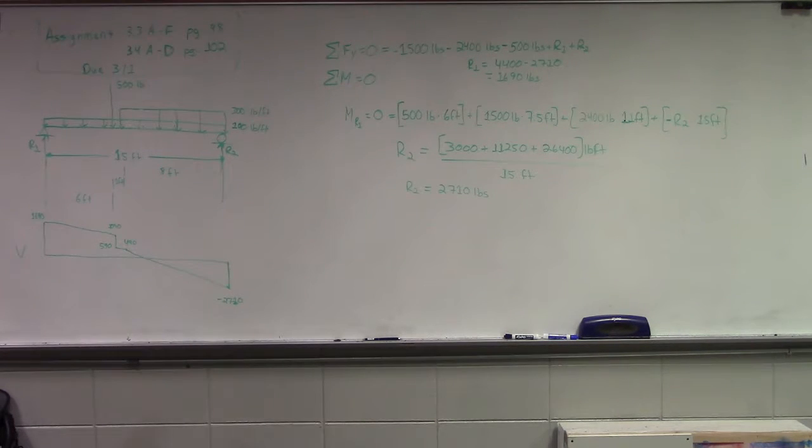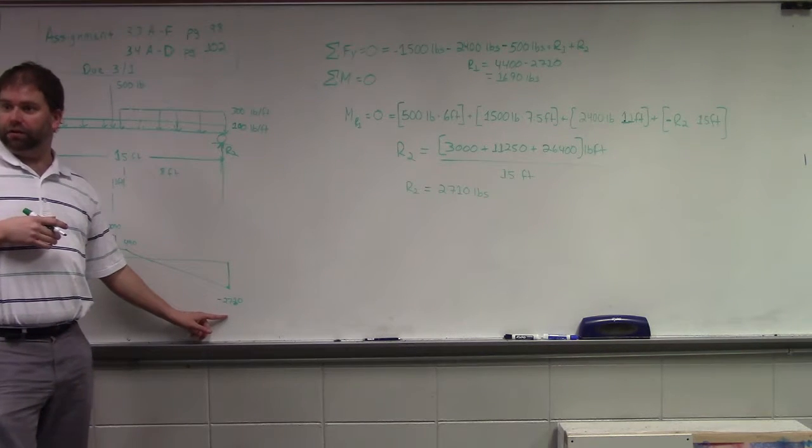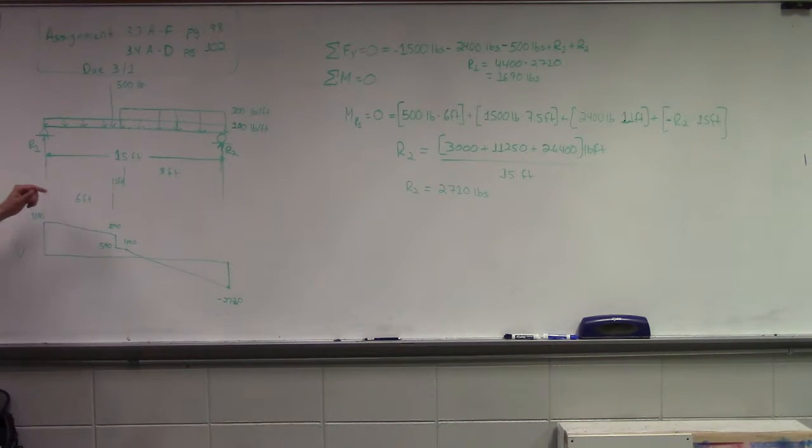So what else do we need to determine on our shear diagram? Maximum shear. We know our maximum shear is always going to occur in these simply supported beams at our greatest reaction. What else do we need? When it crosses zero.